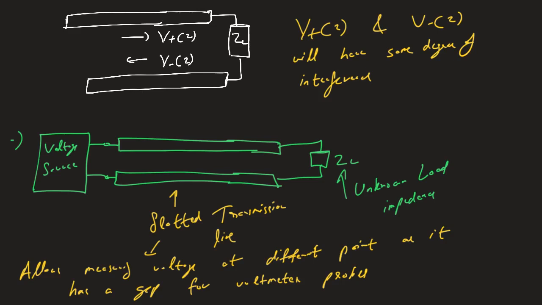So essentially this is the idea. So what happens is that the interference between V plus of Z and V minus of Z leads to the formation of standing waves.